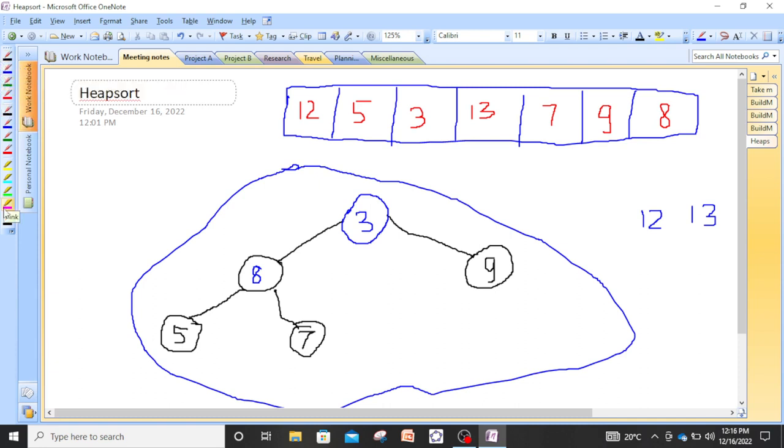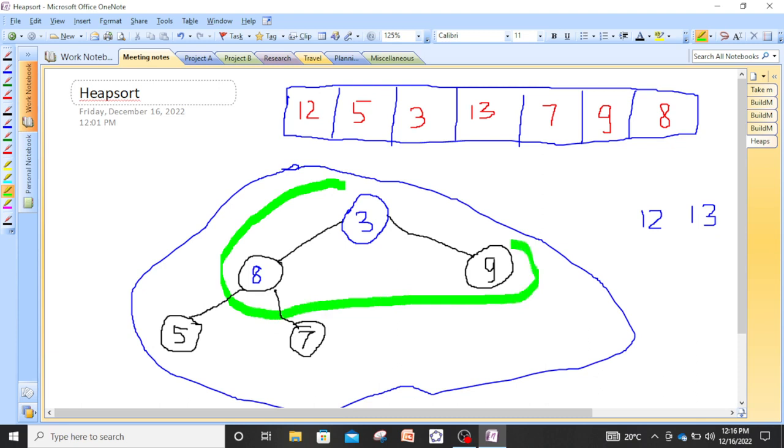So for that we see the children of 3. To max heapify the root node 3, we take the root node 3 with its children. You have to concentrate on this green enclosure. If you see, among these three, 9 is the largest integer.